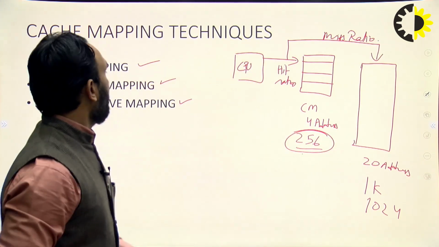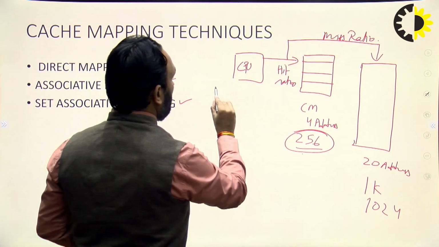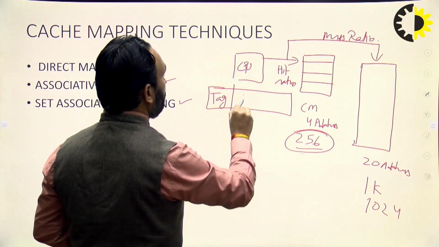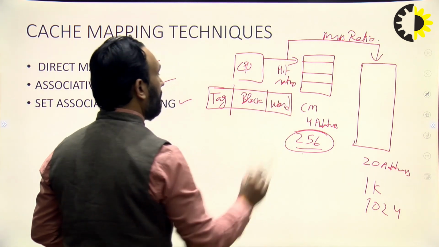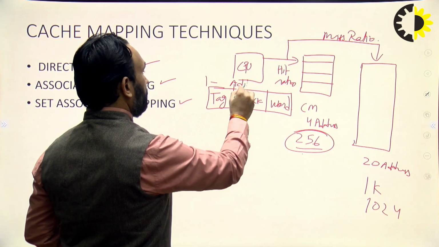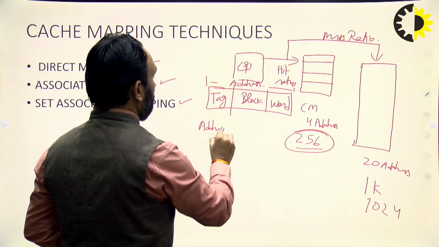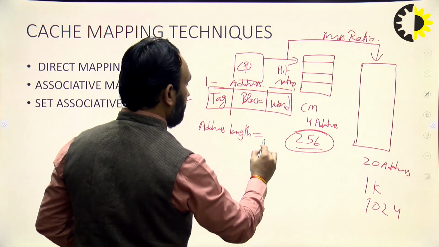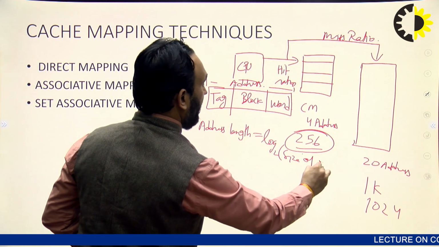So in direct mapping, the address is divided into 3 parts. What are these 3 parts? Tag, block and word. Okay. So total address length, in terms of bits, is equal to log 2 of the size of main memory.